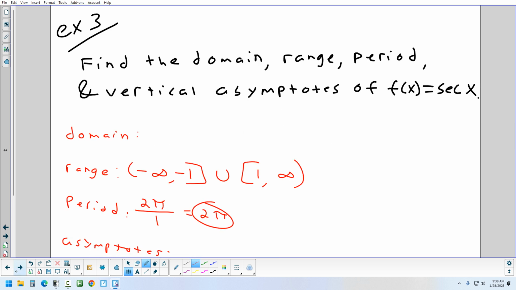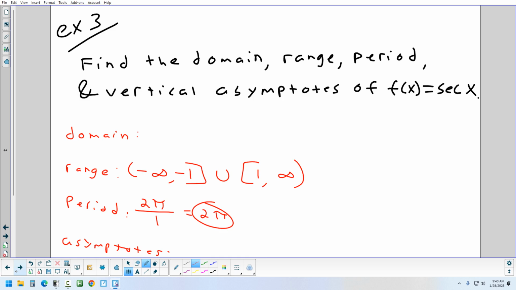What's the argument in my function? Is it secant of x? That's not the argument, that's the function and the argument. What's just the argument? X. Not f of x, f of x is your dependent variable. X is your argument. So in this case, we're going to set the original asymptotes equal to x and solve.